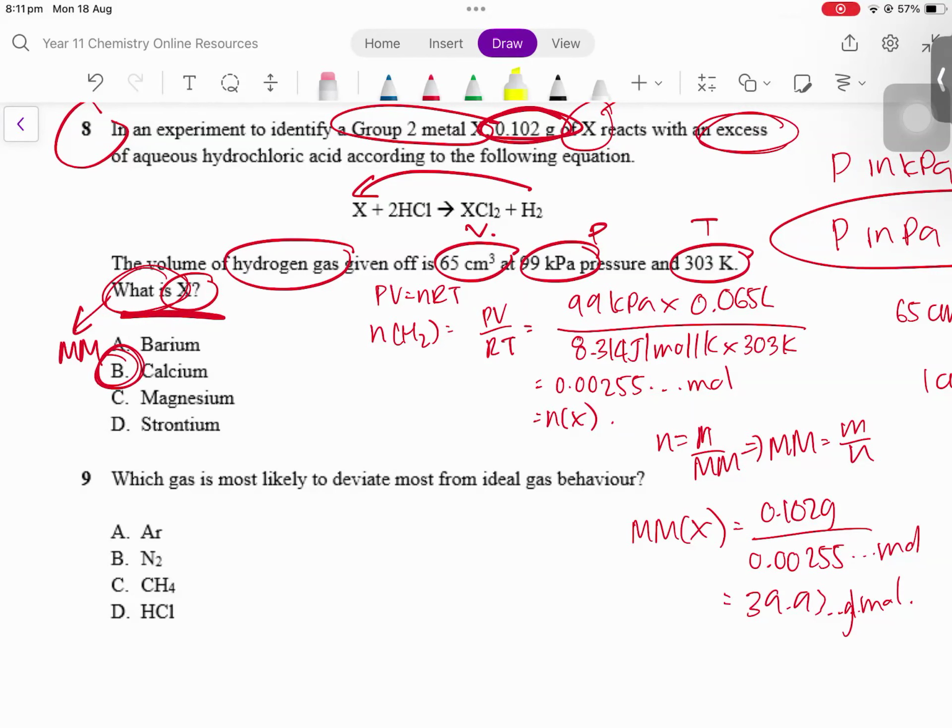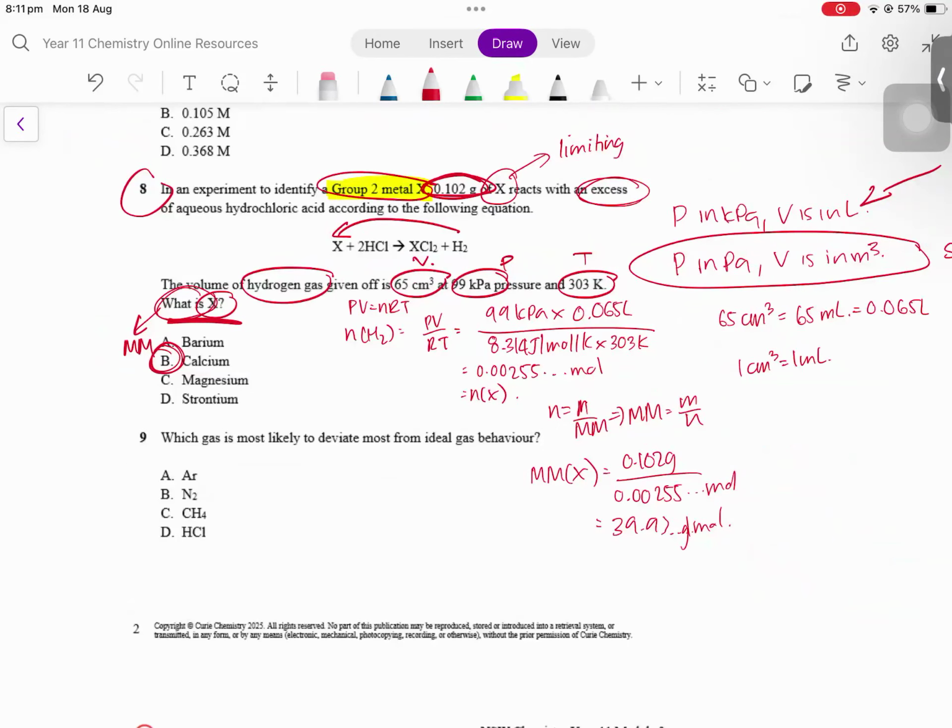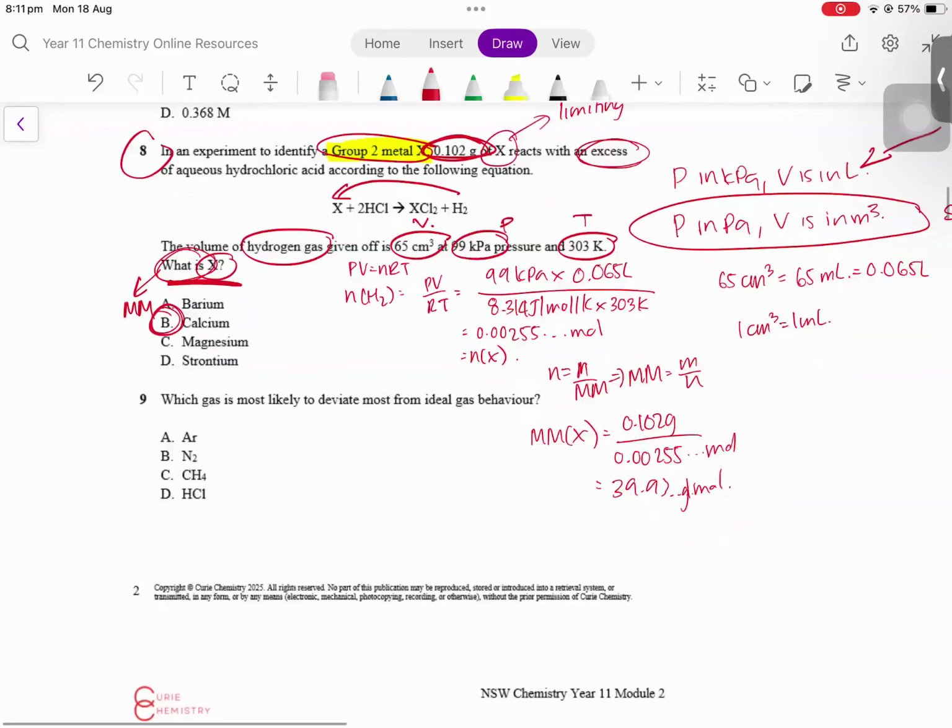So you don't have to go looking for the whole thing. They told you it's a group 2 metal, which means you just look at column 2. So your takeaway from this question: one of your equations for calculating moles is PV = nRT, which only works for a gas. And if you get asked to identify something in your exam, what you're calculating is molar mass and seeing what it matches.